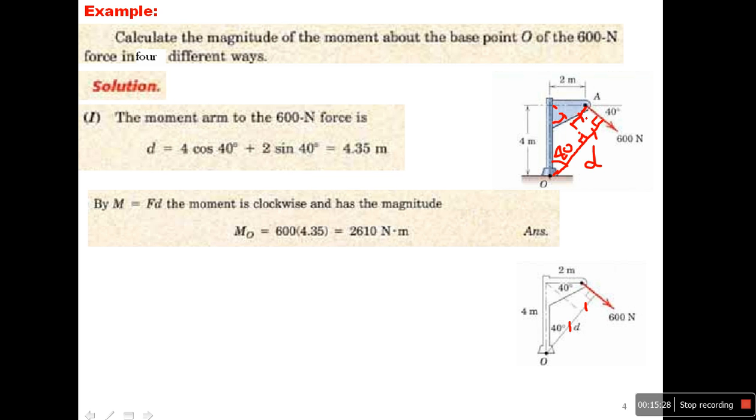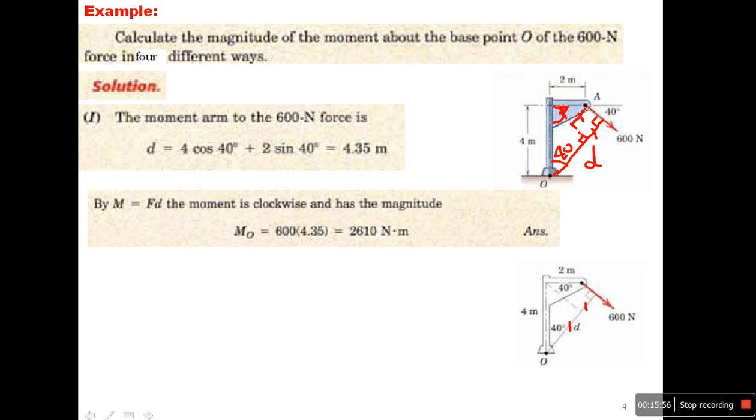Don't forget this angle is equal to 40. By sine 40 I can get this thing. Why sine?